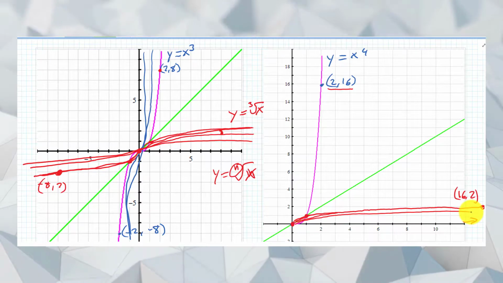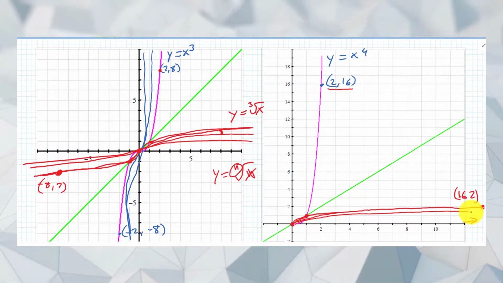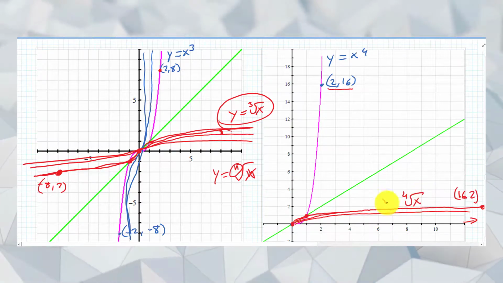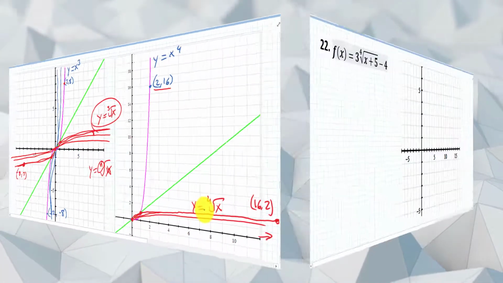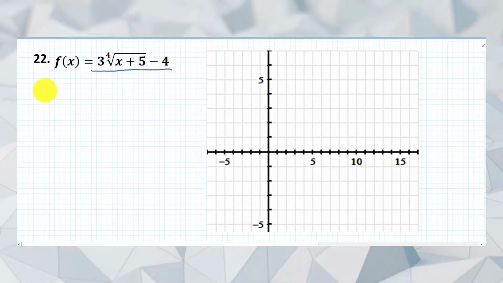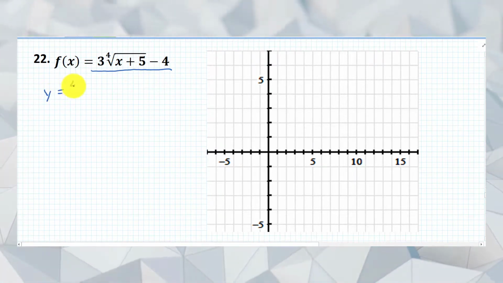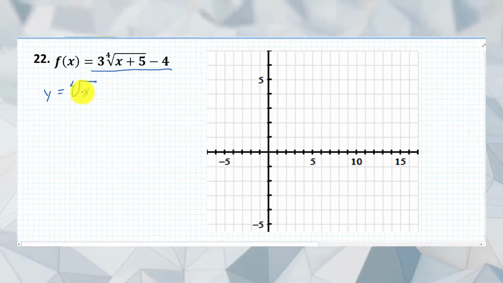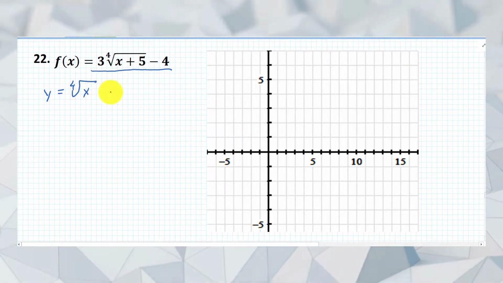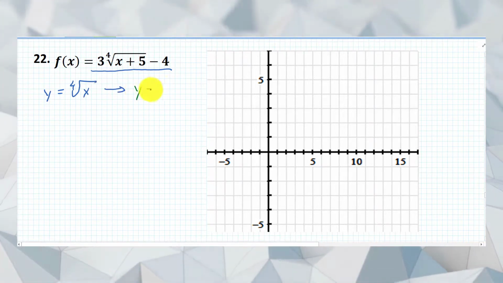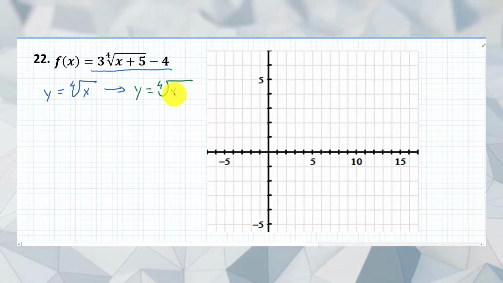Let's do one more example about graph shifting either the cube root or right here, the fourth root of x. Okay, last example. So in this example, I'm going to do a couple of graph transformations. What do I start with? I start with the fourth root. I just went over this graph. I'm only going to get 3 points on it, okay? We'll see which one. And then I'll do y equals the fourth root of x plus 5.